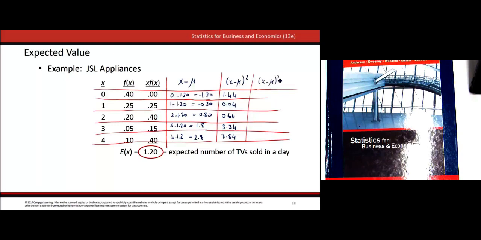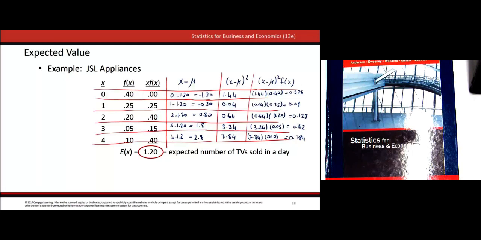X minus mu squared times f of x, so 1.44 times f of x 0.4 is 0.576, 0.04 times f of x 0.25, 0.64 times f of x 0.2 is 0.128, 3.24 times 0.05, 7.84 times 0.1 is 0.784.